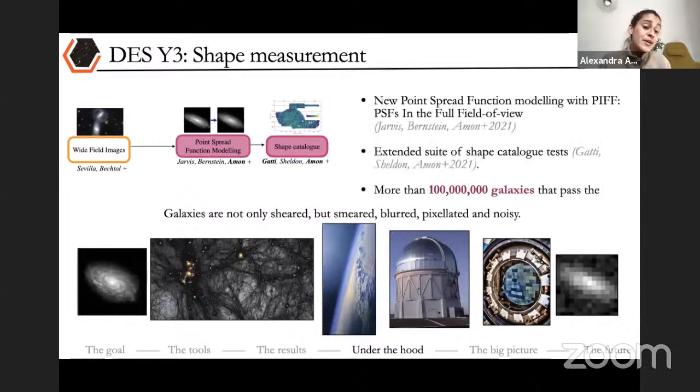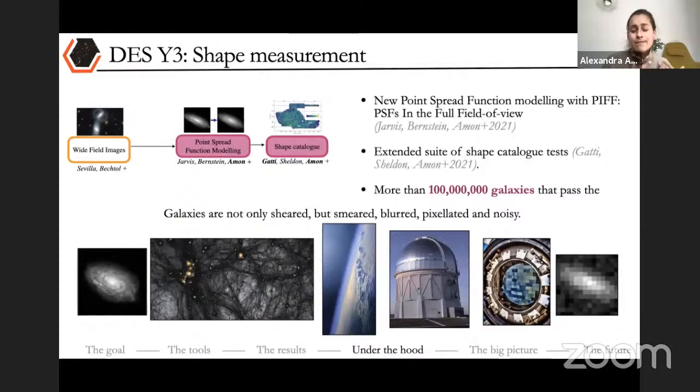So for DES year 3, we had a new technique primarily developed by Mike Jarvis called PIFF, to remove that point spread function, so to model and account for the effects of the atmosphere. And that was really advantageous for us. I think it made us a lot more confident in our shape measurement. We extended the suite of shape catalog tests.